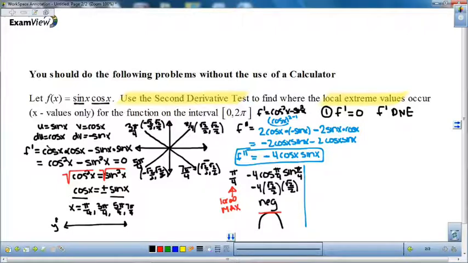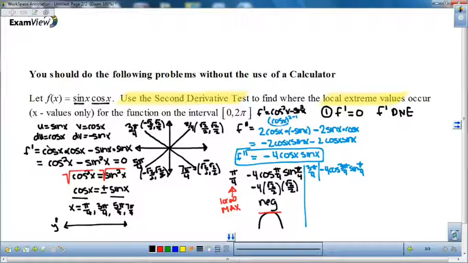Okay, so let me check 3 pi over 4. So I'm going to have negative 4 cosine of 3 pi over 4 sine of 3 pi over 4.